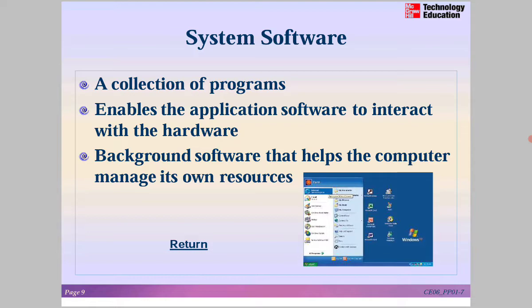And this system software is generally used to interact with the hardware. It can directly operate the hardware connected to a computer, like printers, keyboards, DVDs. It is background software that helps the computer manage its own resources.